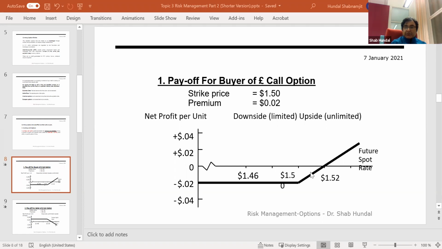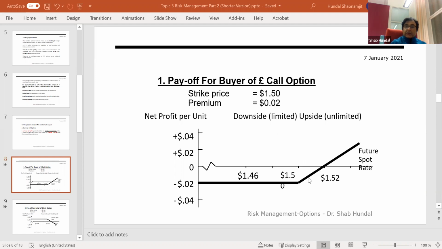When you exercise the option, you may still have a loss, but that loss would be less than the 2 cents loss. Or this loss may not even exist, the break-even point. Or this gain is indefinitely positive. So if you look at this curved part of the line, you must exercise the option.